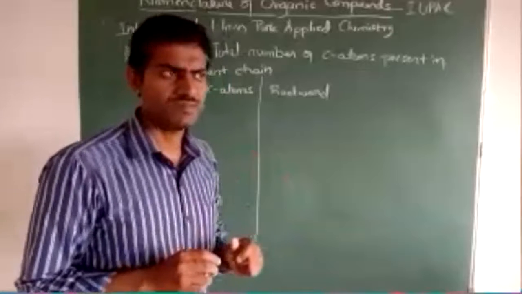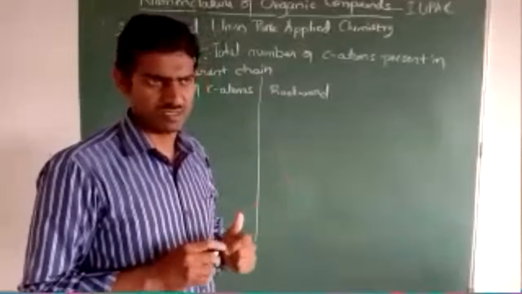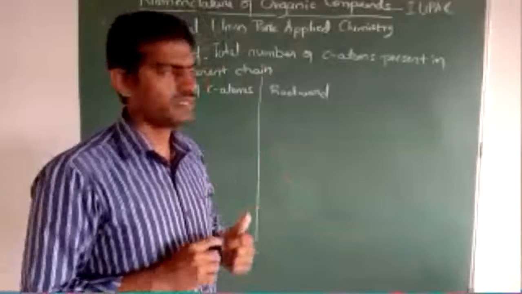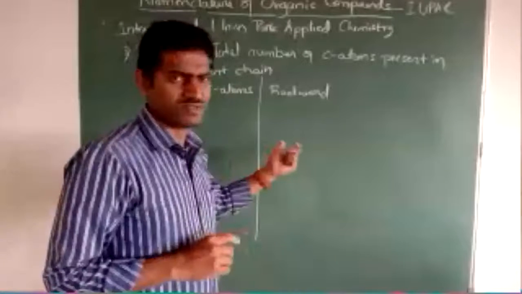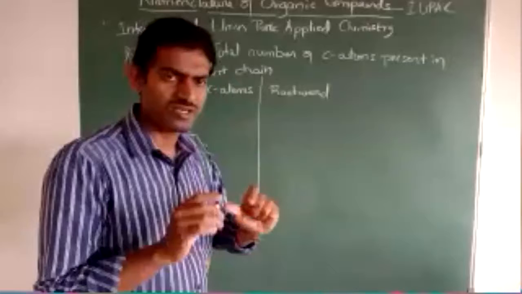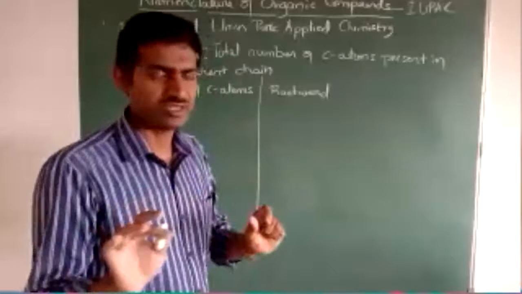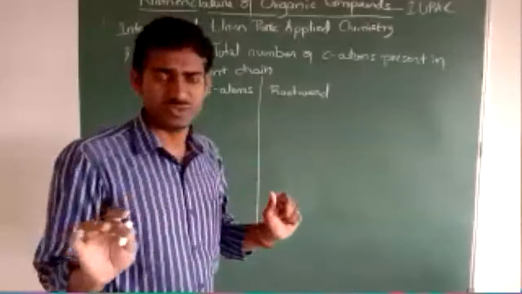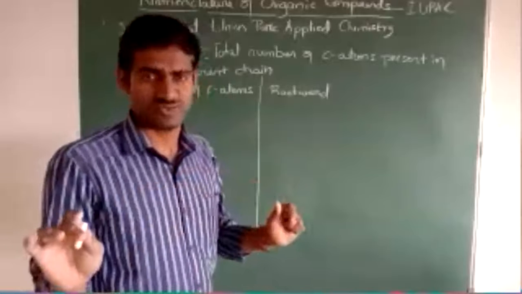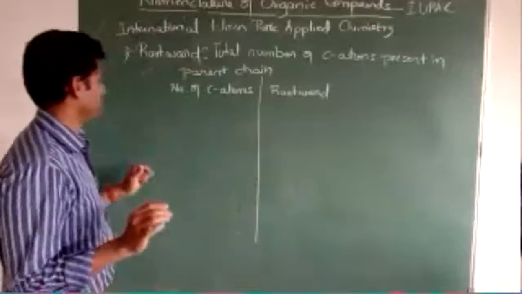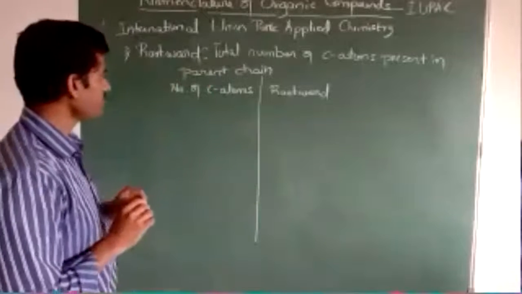But for students from the state syllabus, it is a little tough to learn. But even so, I am going to make it very easy for you. You don't worry about the naming of organic compounds. You should not have a single doubt. Is that clear?